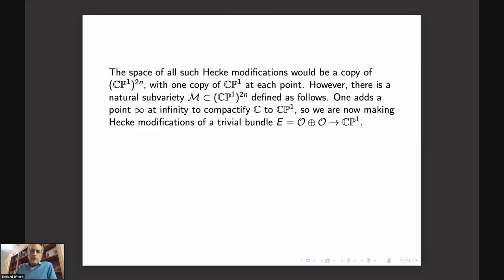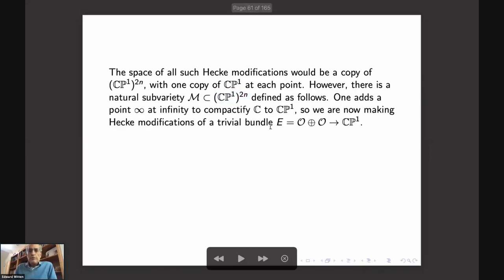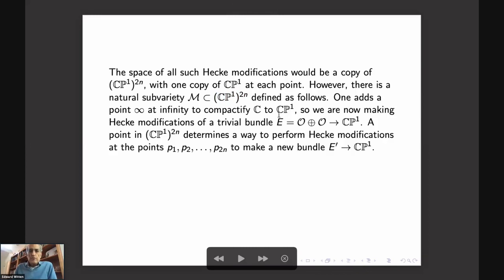Let's add a point at infinity to compactify C to CP1. So now we're making Hecke modifications of a trivial bundle, O plus O over CP1. Now we have this family of Hecke modifications, CP1 to the 2n. But generically, when we extend them over CP1, we have this family of Hecke modifications of a trivial bundle over CP1 that makes a new bundle over CP1.